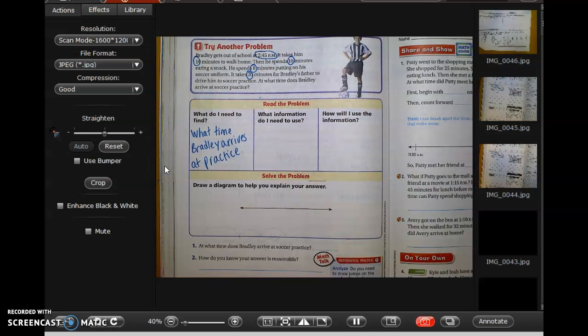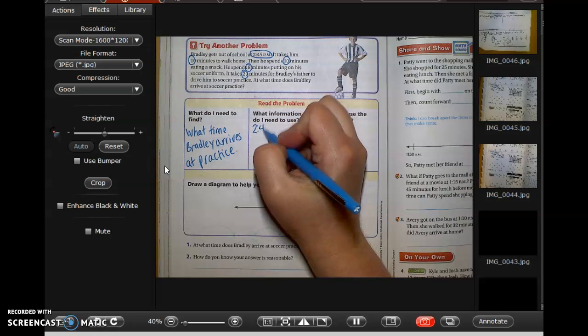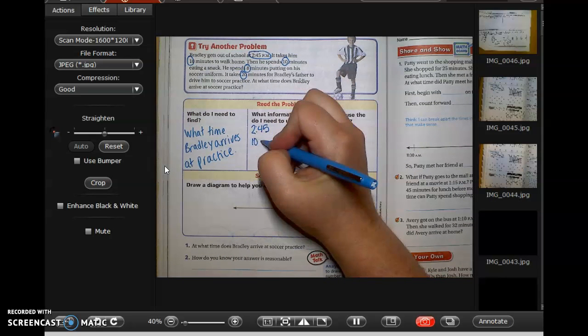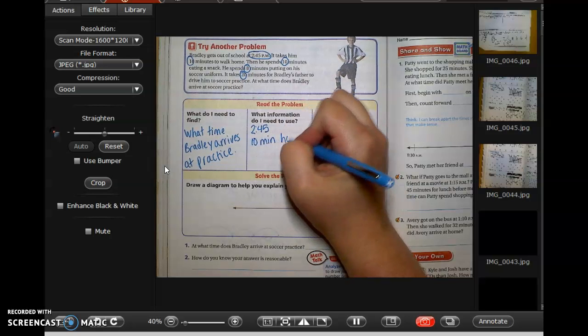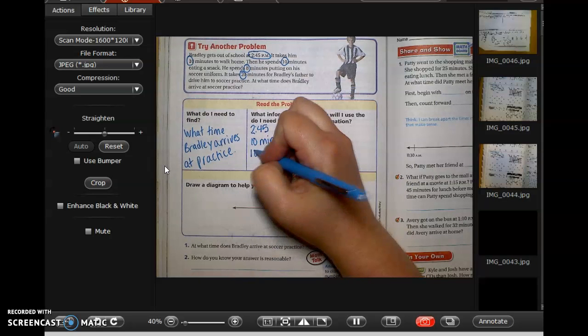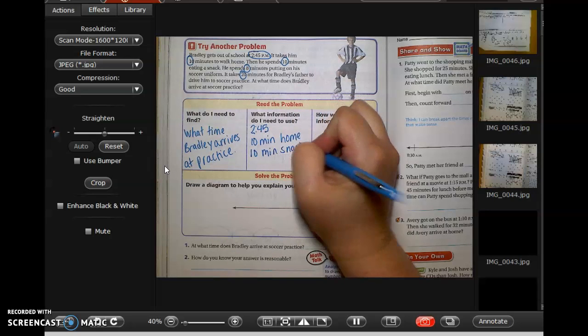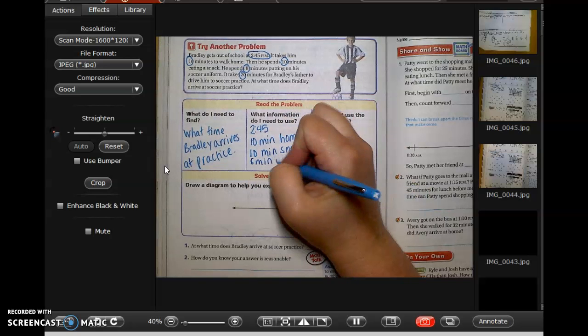What information do I need to use? Well, we need to know 2:45 school's out. Then 10, I'm just going to write MIN for minutes. 10 minutes home. 10-minute snack. 8-minute uniform.